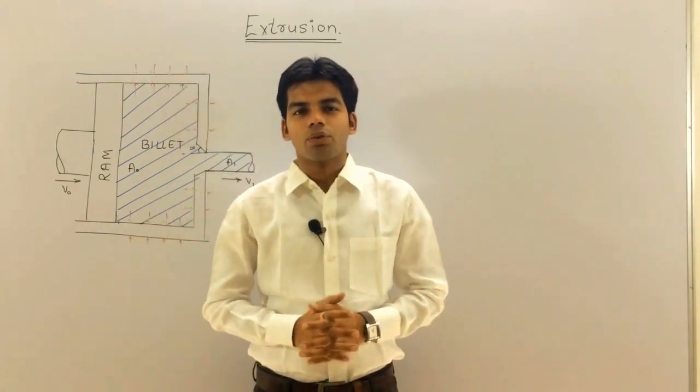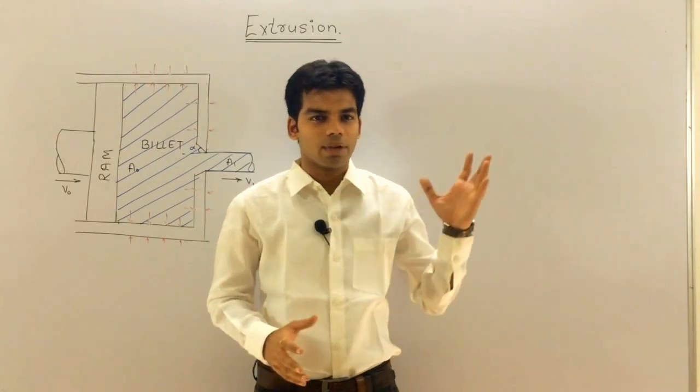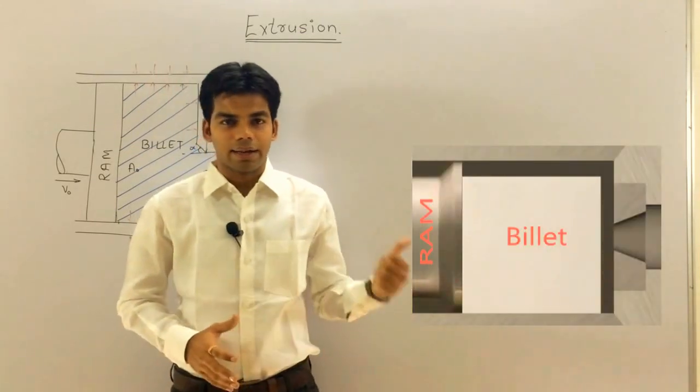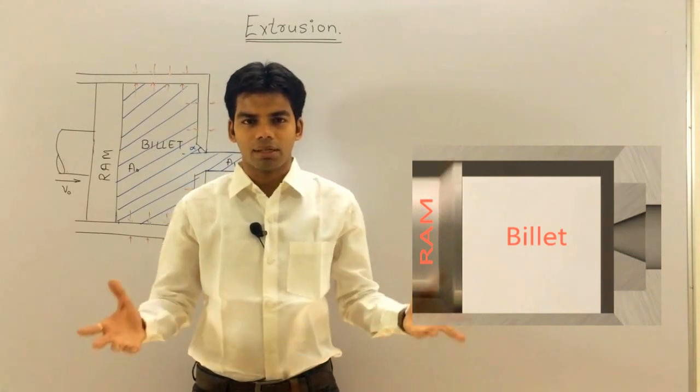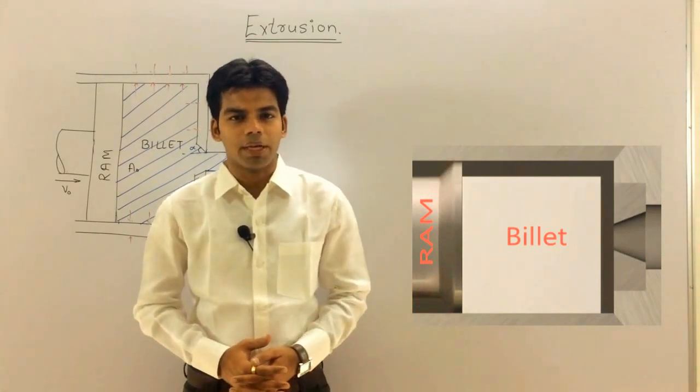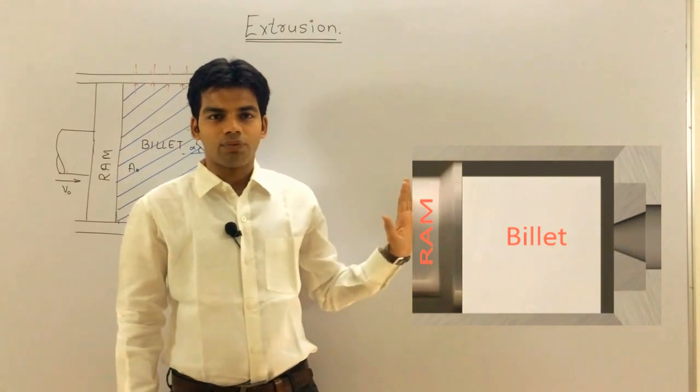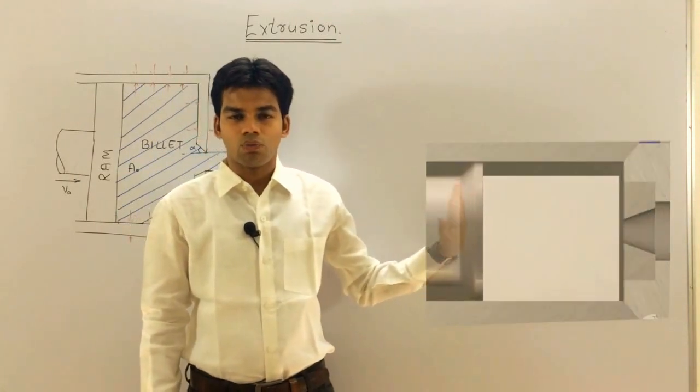Okay, so in an extrusion process, we have a container, a ram and a billet inside that container. That can be either a hot billet or a cold billet. We are applying a force on the ram. So what will happen?